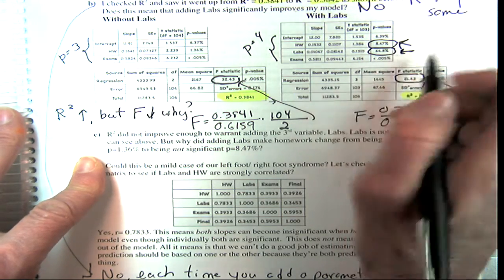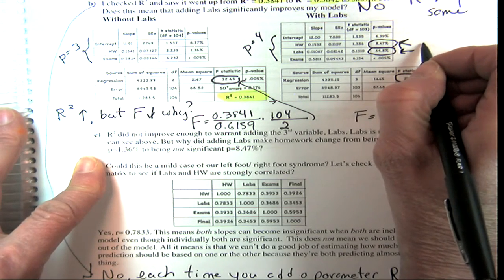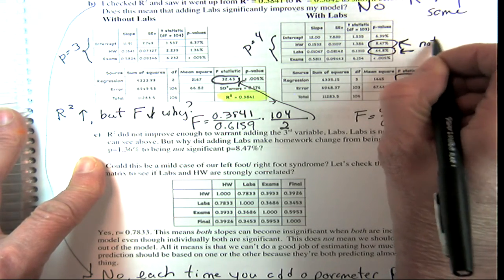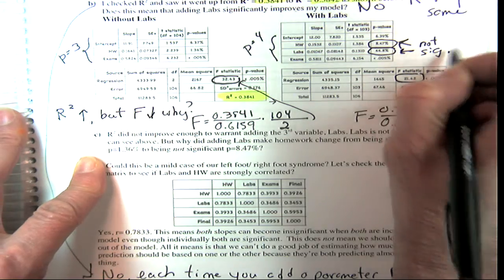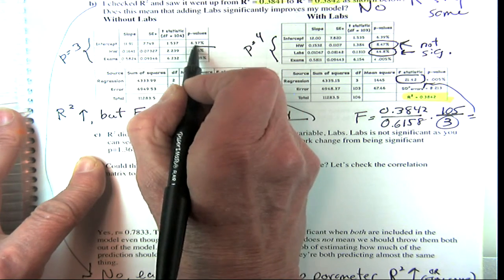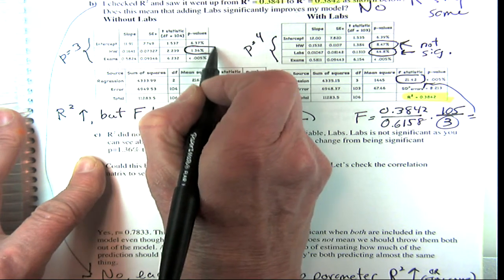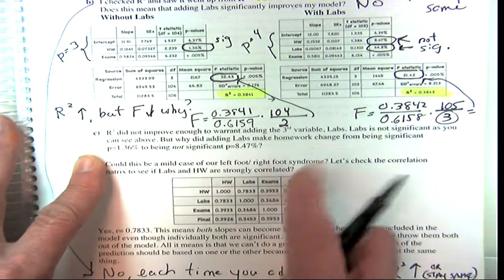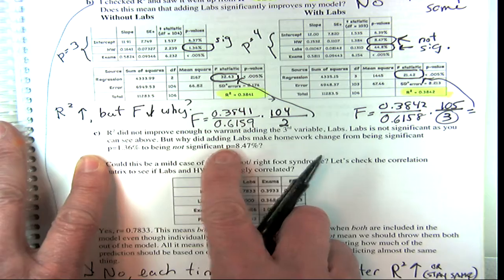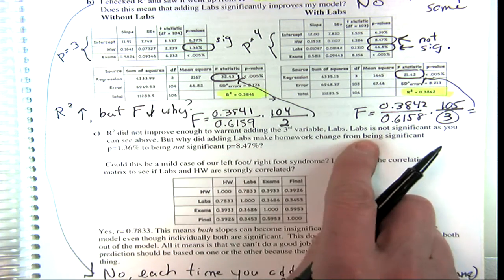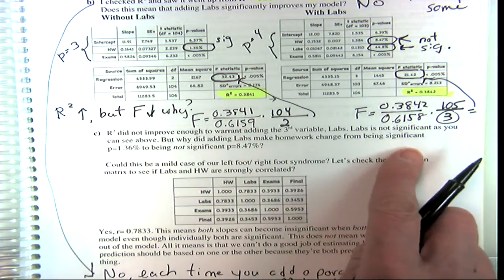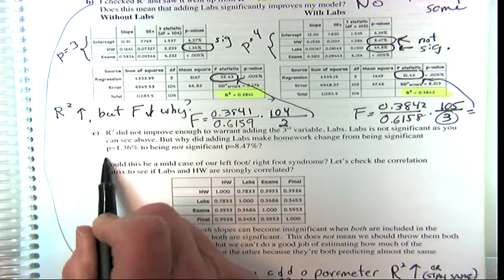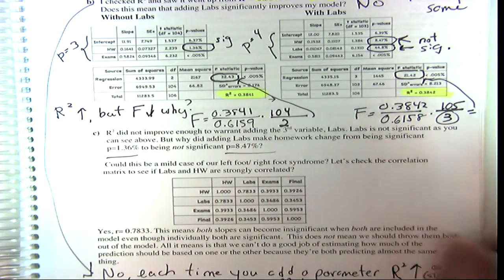When we added labs, both the homework and the labs are not significant, whereas here, it was significant. So how did that happen? Why did adding labs make homework change from being significant before to non-significant? How could that have happened?